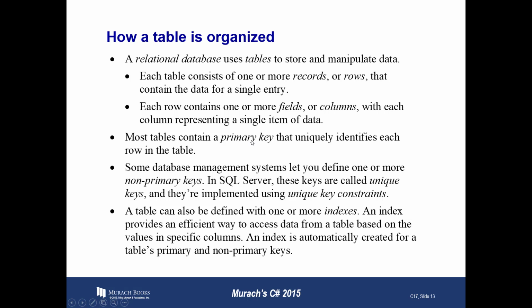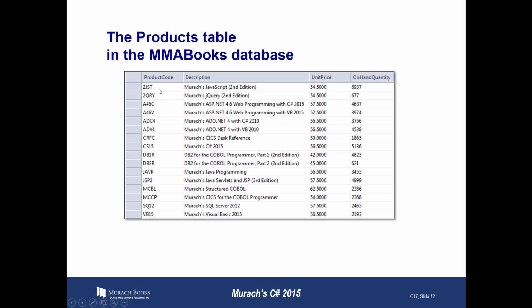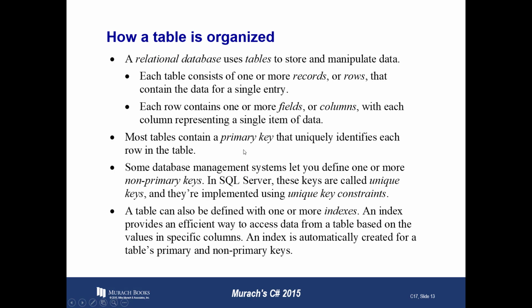Most tables have a primary key. I like to keep my definitions short and sweet. A primary key is what I call a unique record identifier. So it would be product code here. Each of these is unique. Some database management systems allow you to define 1 or more non-primary keys called unique.